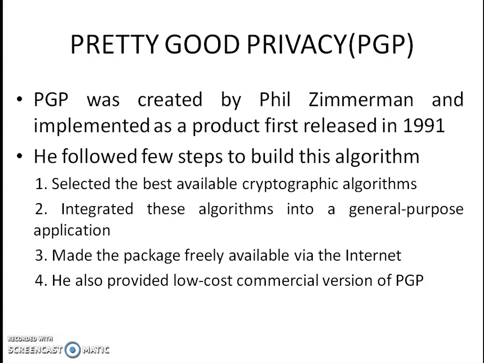To do this protocol, he followed a few rules or steps. The first one is he selected the best available cryptographic algorithms, which were widely accepted as secure ones, like SHA-1, IDEA, Diffie-Hellman, RSA, DSS, which were used for various basic applications.